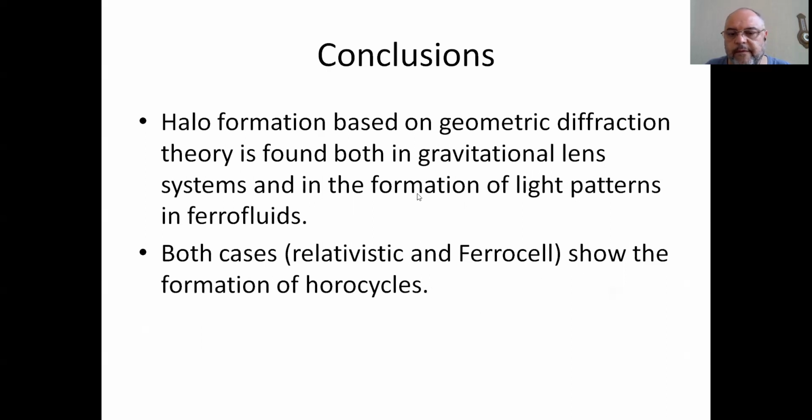We have not the same system, but a similar system between the formation of image from the relativistic system and the formation of light patterns from this magneto-optical pattern formed by the ferrocell, magnetic field, and a light source.